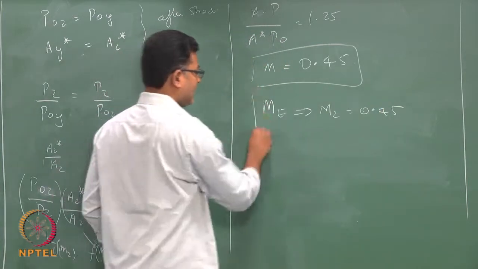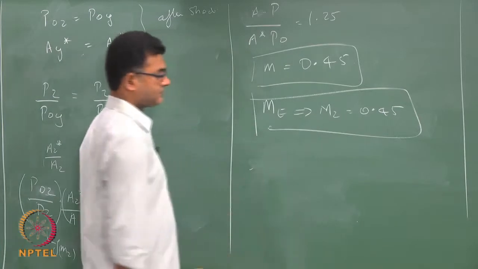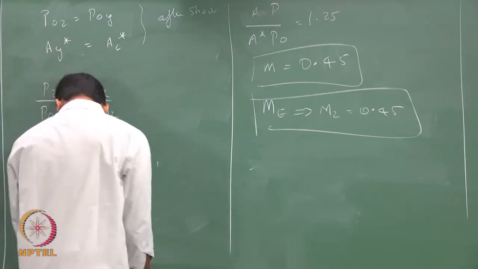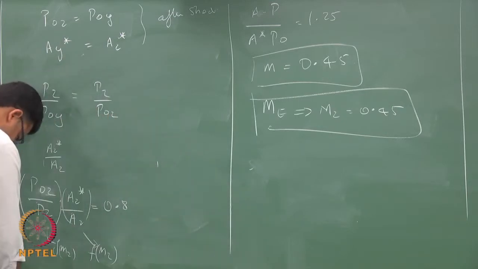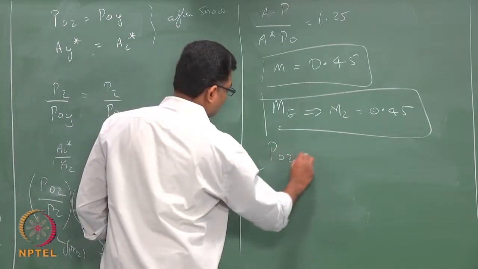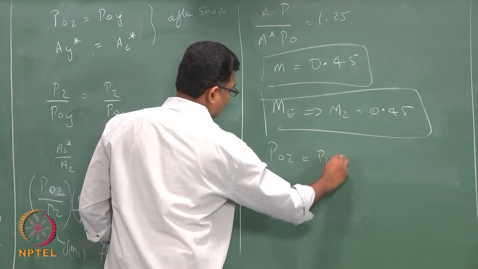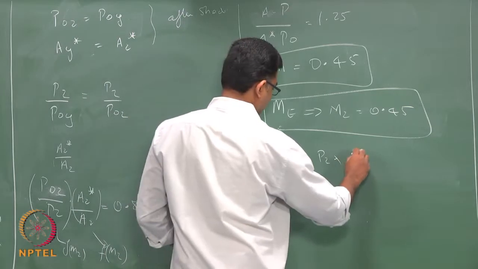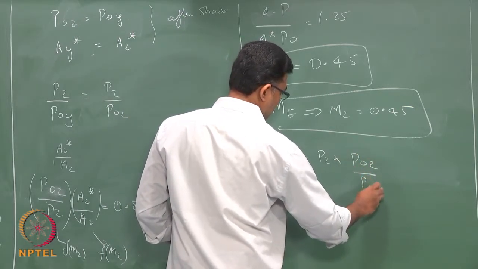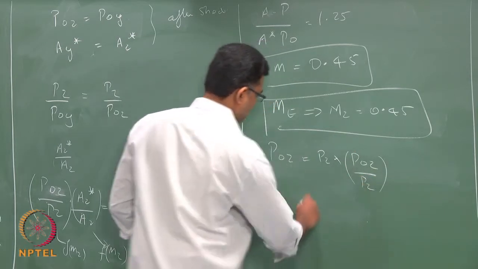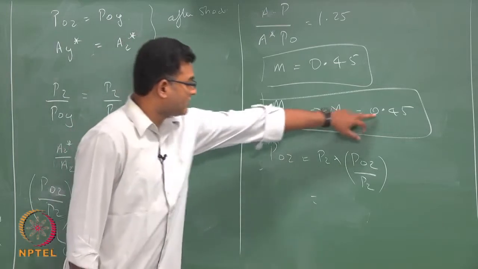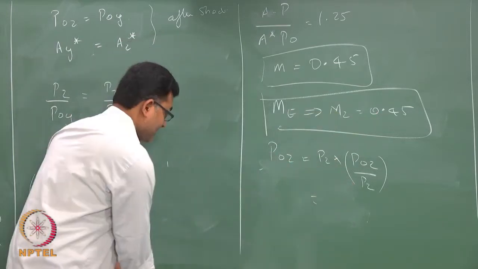Now if I have my M exit, I can find P02, which is P2 into P02 by P2. This ratio for this particular Mach number we know from the tables again.